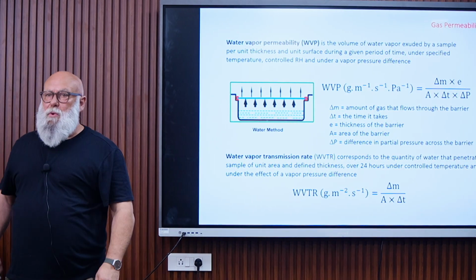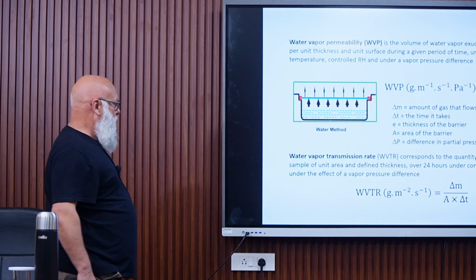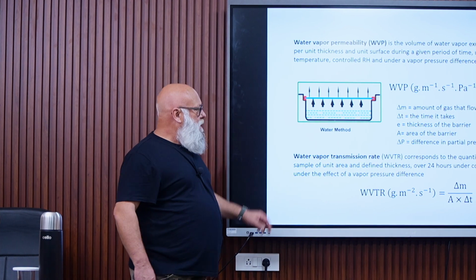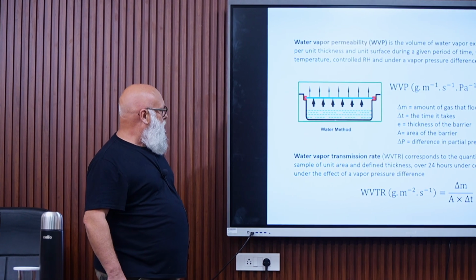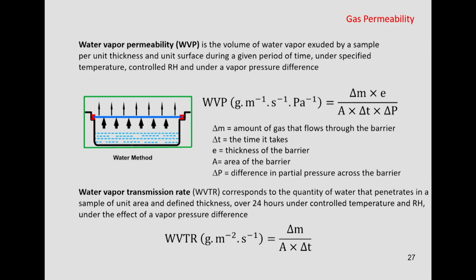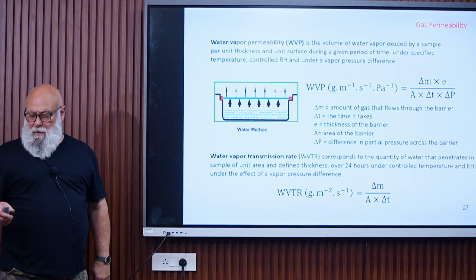Both parameters are related, but it's not exactly the same thing. It corresponds to the quantity of water that penetrate in a sample of unit area and a defined thickness over 24 hours under controlled temperature and relative humidity under the effect of a water pressure difference. We can see that both terms are related, in fact.